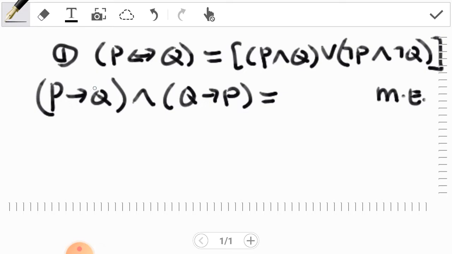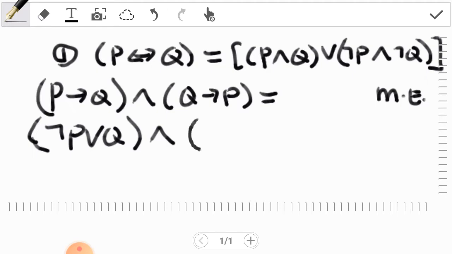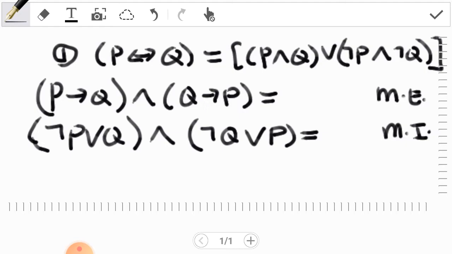And according to the material implication rule, if you are given P implies Q is actually equivalent to not P or Q. And similarly, Q implies P using material implication is equivalent to not Q or P. Material implication. So this is equal to the right side, okay?